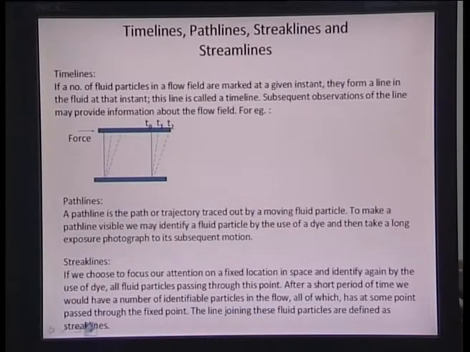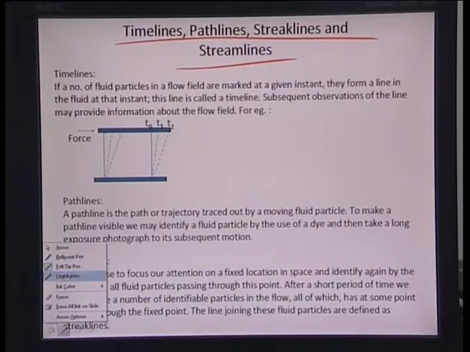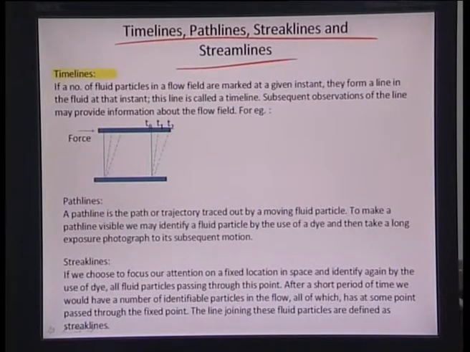So, let us talk a little bit about these concepts of timelines, path lines, streak lines and streamlines. These are important for understanding later topics of microfluidics or microflows. If you talk about timelines here, the timelines are these, at various instances T0, T1 and T2.